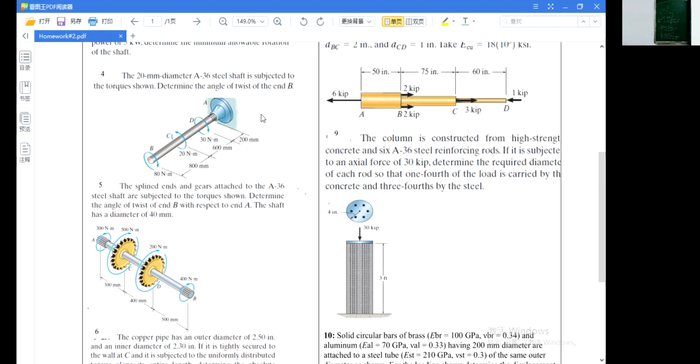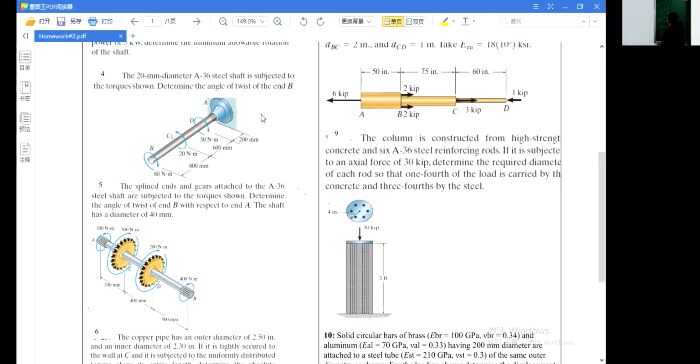Solving for the torque. Can I use clockwise and anti-clockwise? When you want to find the torque, just use the section method.